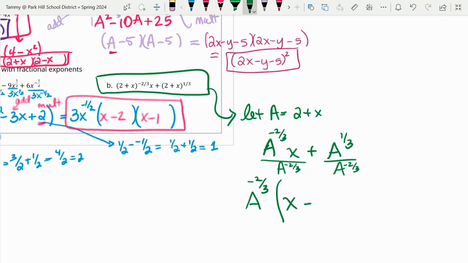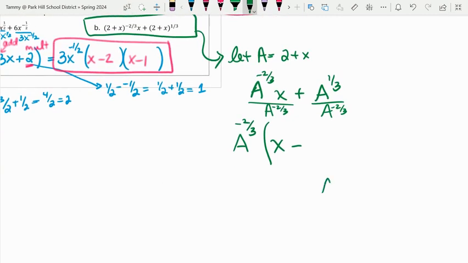Here, when I divide by a to the negative 2/3, that's going to be a to the 1/3 minus, I'm just subtracting exponents, 1/3 minus negative 2/3. So that's 1/3 plus 2/3, which gives me 3/3 or 1. So this is a to the first power.